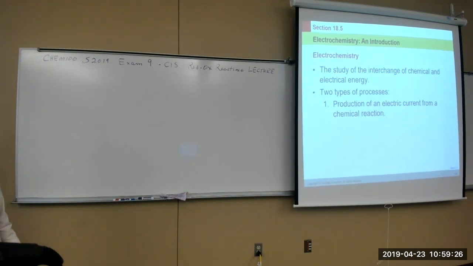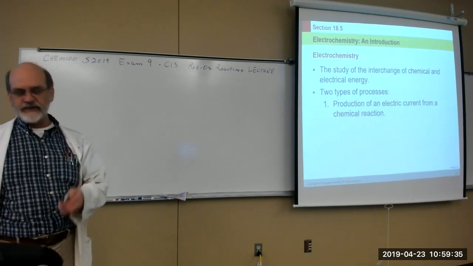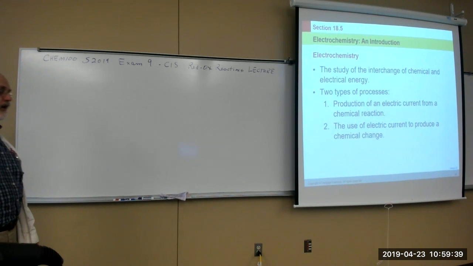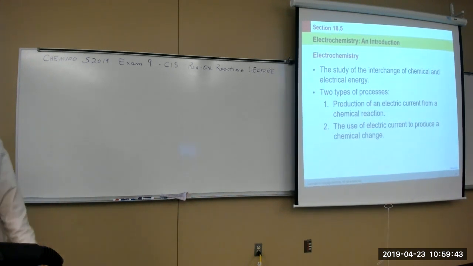Well, you can produce an electric current from a chemical reaction. We generally call that a battery. The chemical term for it is a galvanic cell. Or you can use electricity to make the reaction go backwards. Right?